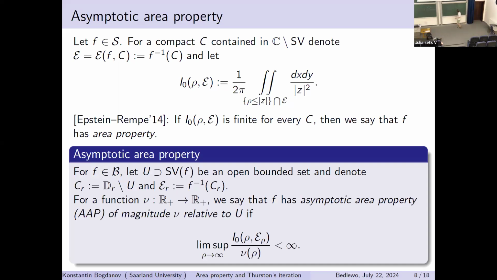Here, what's happening? Okay, let me redraw this picture. We consider our singular values. We draw some neighborhoods around them, and we fix them. We don't change them, and draw some disk of radius rho, and consider this compact set.